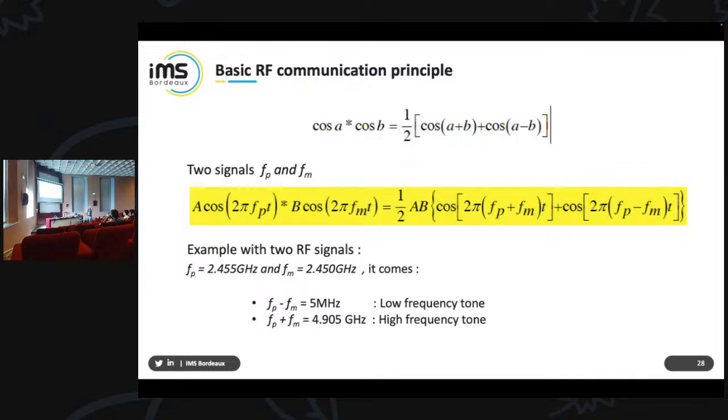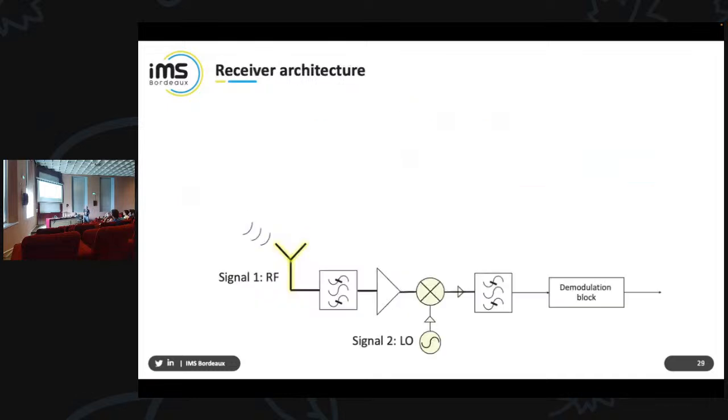Here is an example of how you can down convert to 5 megahertz or up convert to 5 gigahertz. And this is the architecture Didier showed, but a simpler one. With the antenna, then you have a filter because you need to remove the unwanted frequency when you have that product. And this is the mixer there in the middle that will up convert or down convert the signal.